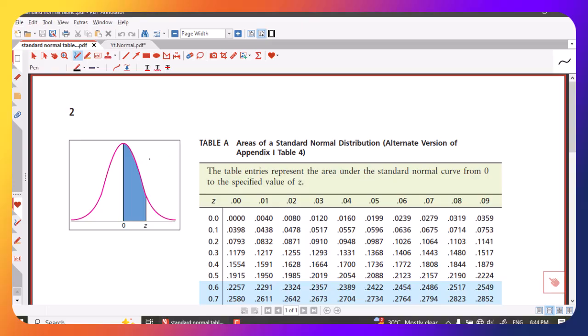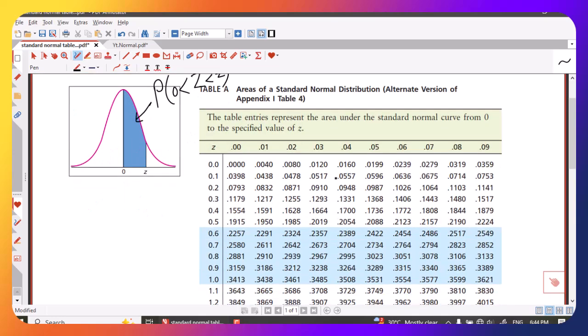So here this area is nothing but area between 0 and small z. So all these values in the table are nothing but areas between 0 and z.